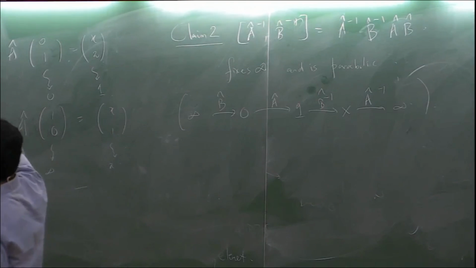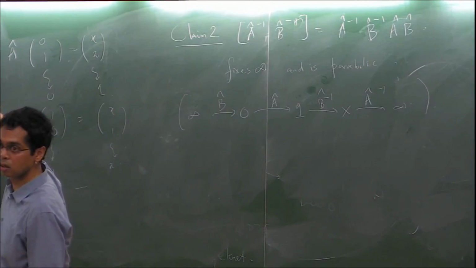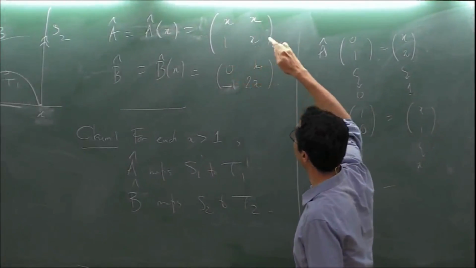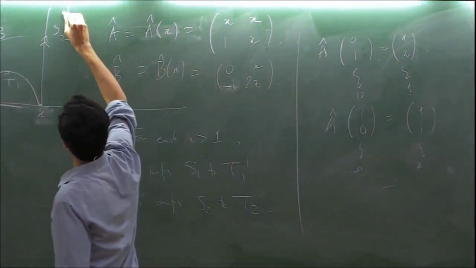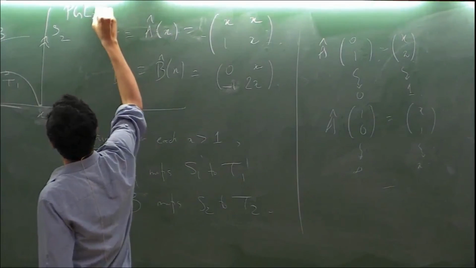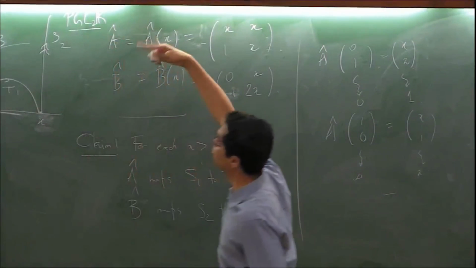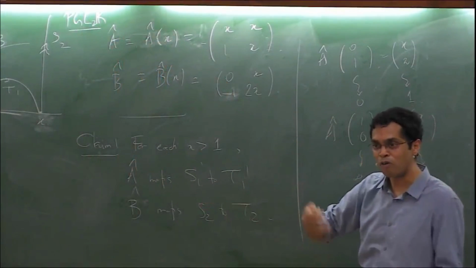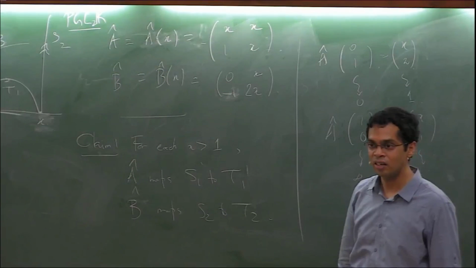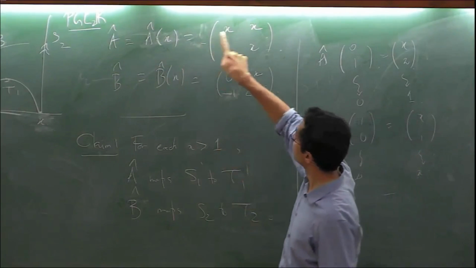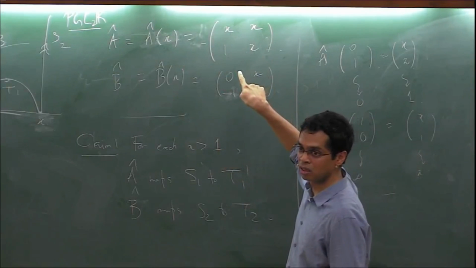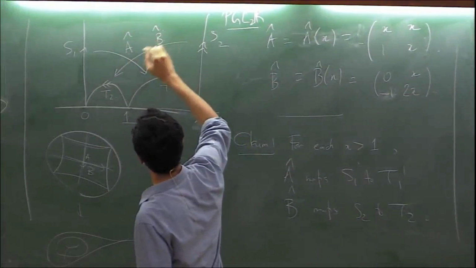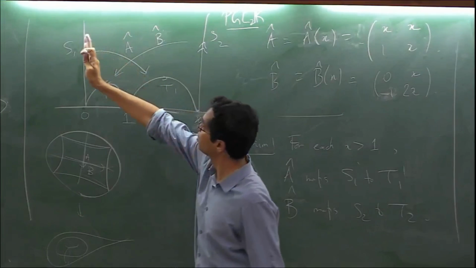Yeah, so it's this matrix, (x, x; 1, x). This defines an element in PGL2R, but as I said, you can normalize so that it's in PSL2R. Then it's an actual automorphism of H2. A hat is this transformation, and it should take this to that.